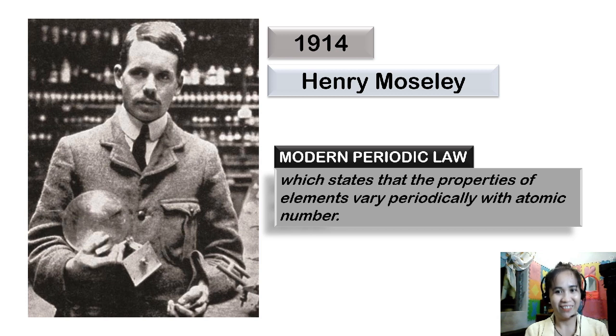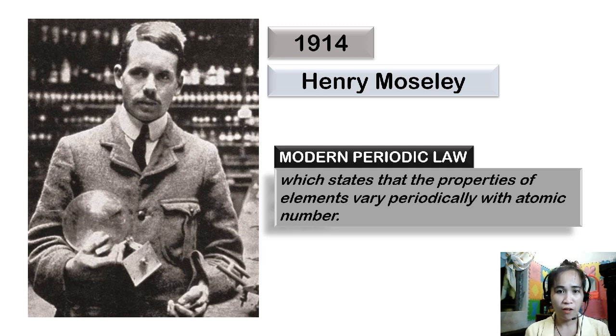The modern periodic law states that the properties of elements vary periodically with atomic number. So take note of this, guys. Henry Moseley observed the arrangement of the elements according to their atomic number.